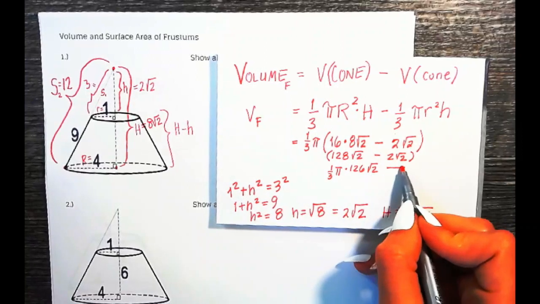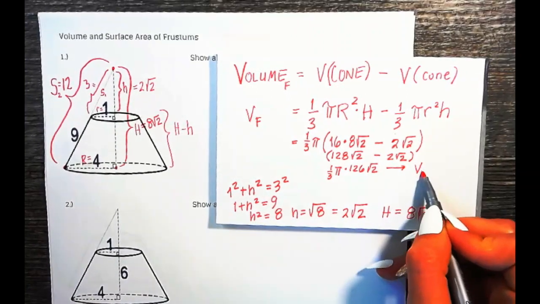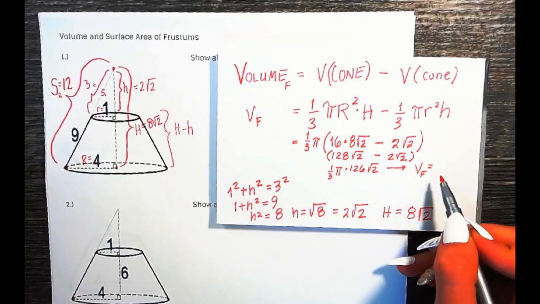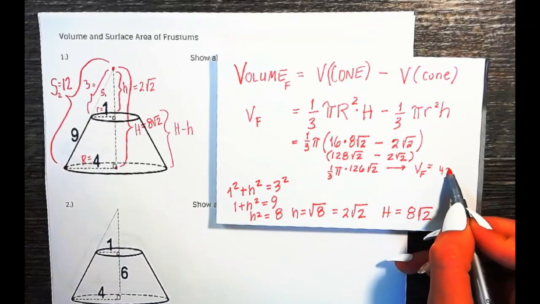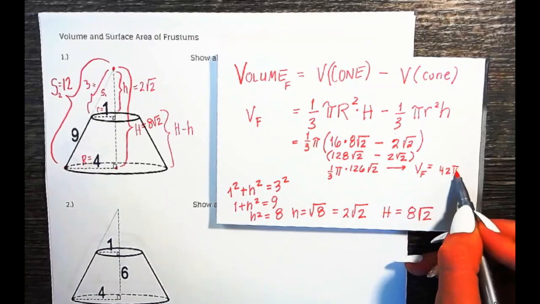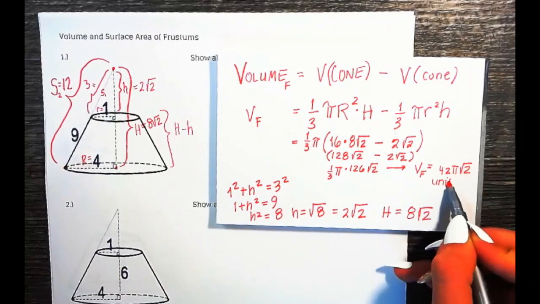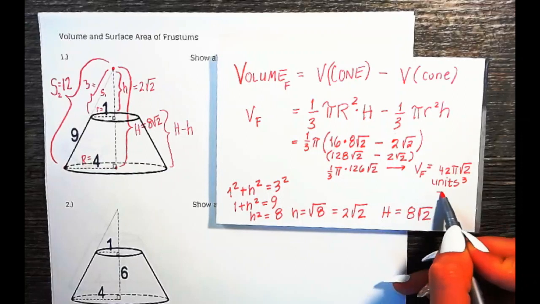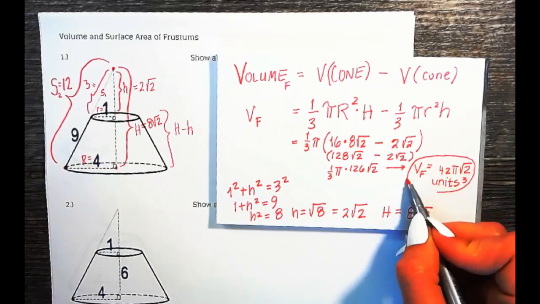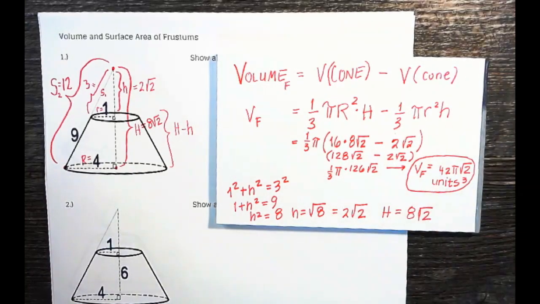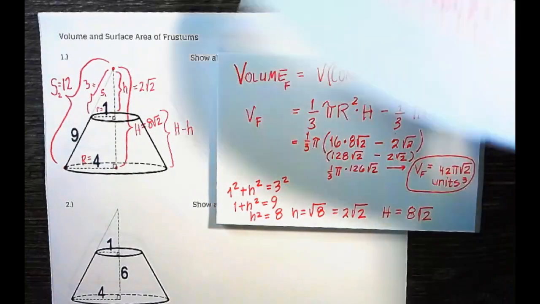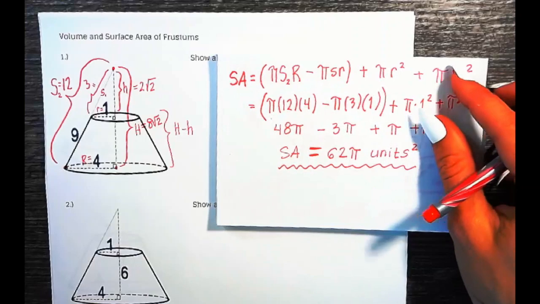So that means the volume of the frustum is equal to 42 pi radical 2 units cubed. So we found the volume, and we also found the surface area.